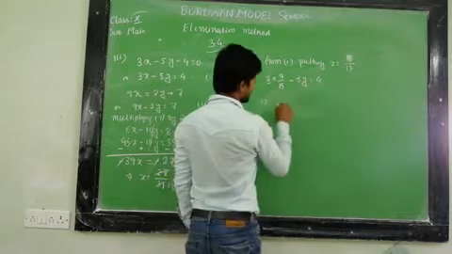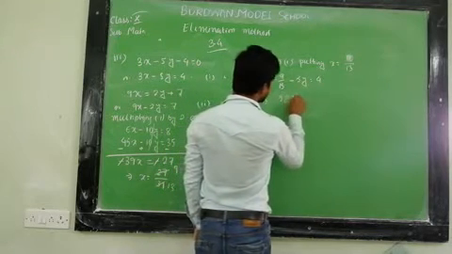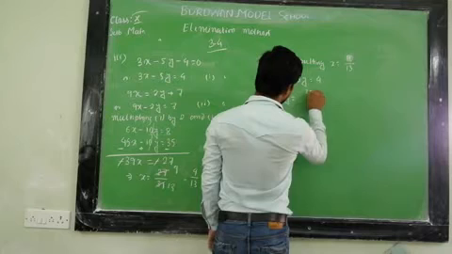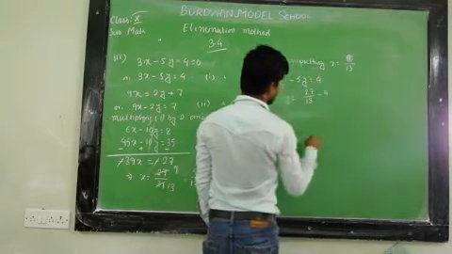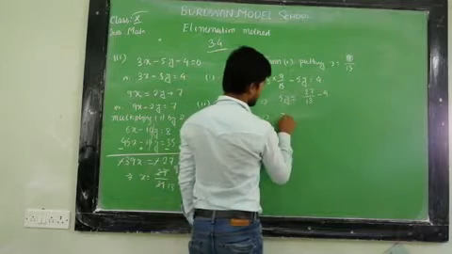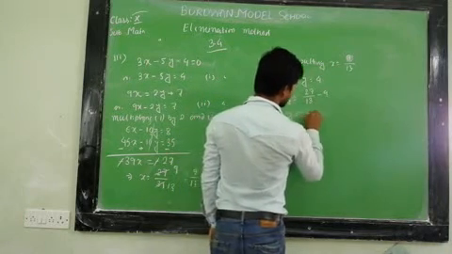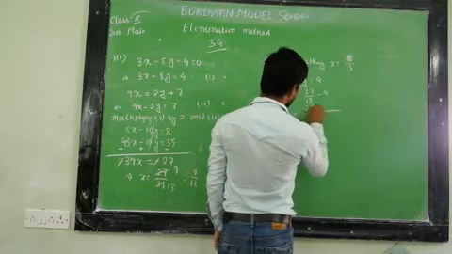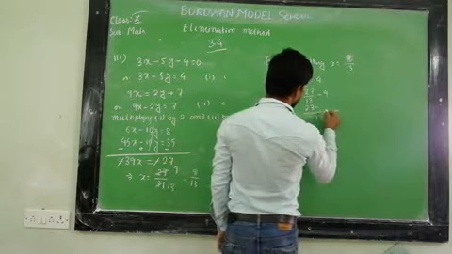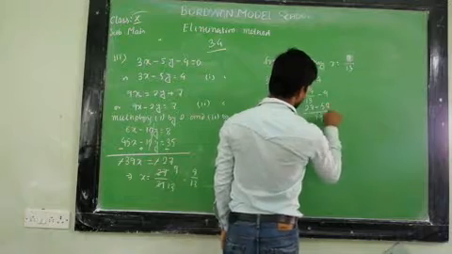That means 5y is equal to 27 by 13 minus 4. That means 5y is equal to, 13 is the LCM, so 27 minus 52.